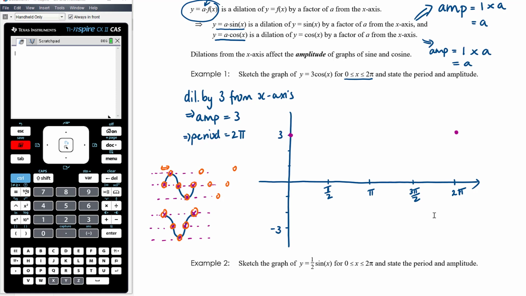Halfway between there, which is pi, is where I'll have my minimum value. Plot that point in. Halfway between those first 2 purple dots is where we're going to be in the middle on the x-axis. And halfway between those last 2 purple dots, again, will be in the middle on the x-axis. Okay, and then we can join our 5 key points up with a nice smooth curve.